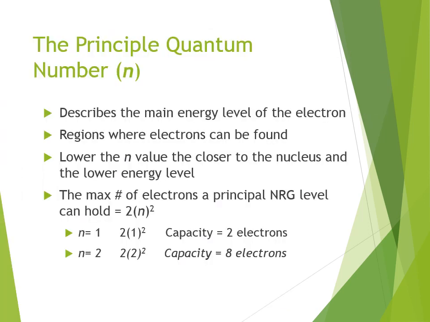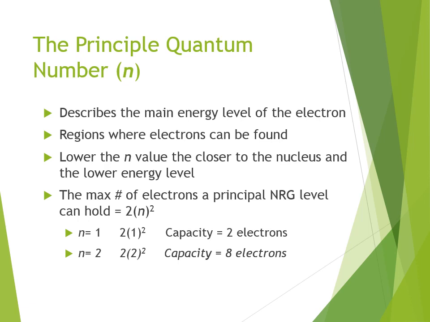So why is this useful to us? Well, we need to explain some of the quantum numbers, because quantum numbers are going to help us represent different atoms using electron configuration. And in order to use electron configuration, we need to know about these quantum numbers.